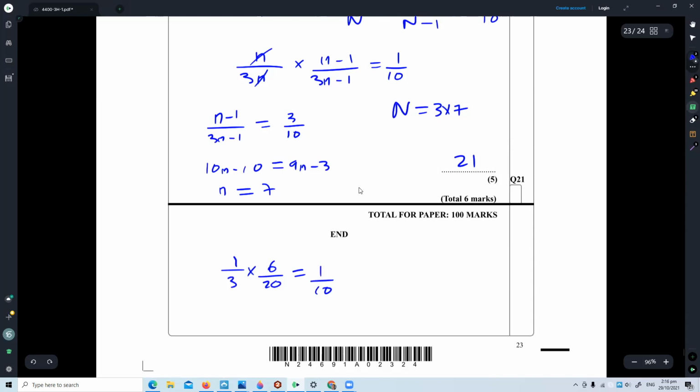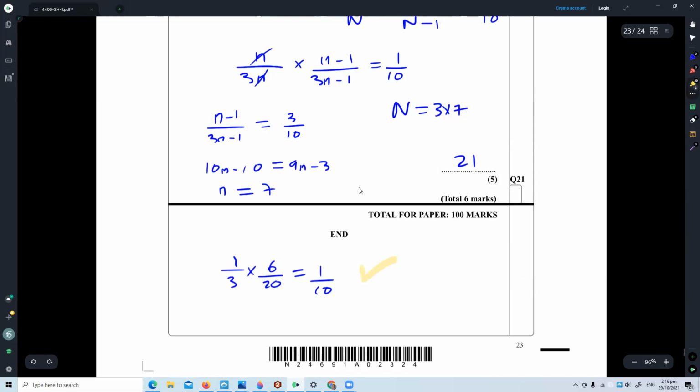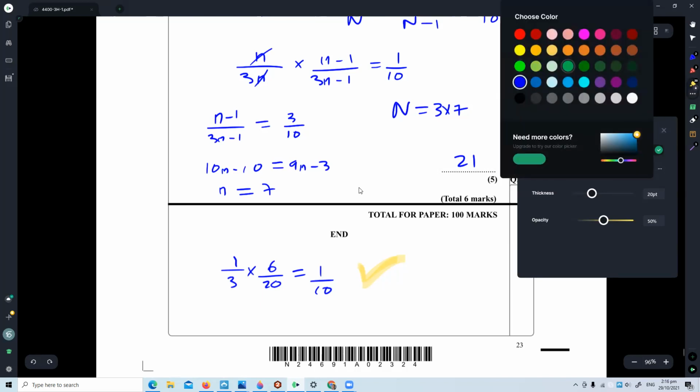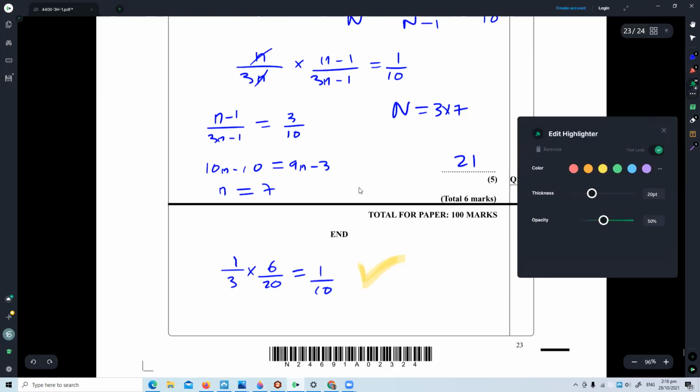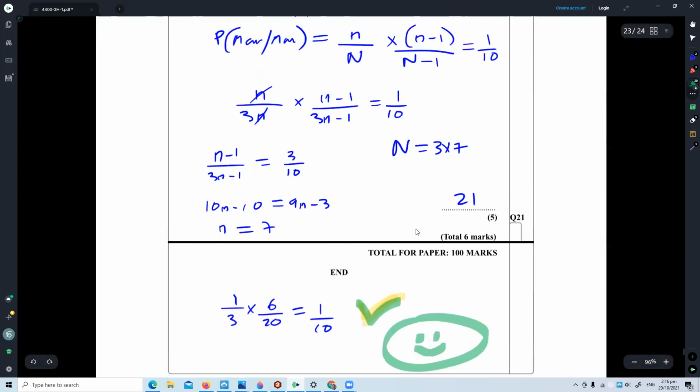So I know 100% that this is good. And so I'm happy. I can put that with a little tick mark, but I should use a green tick mark really. And I guess if you've got time to spare, then you should really look through your paper and go check that you're correct. This should get you 100 marks.